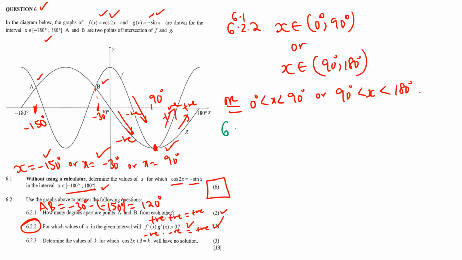Right, so in 6.2.3, determine the values of k for which this one will have no solution. So here we're looking at the cosine of double x, which means it's k minus 3.